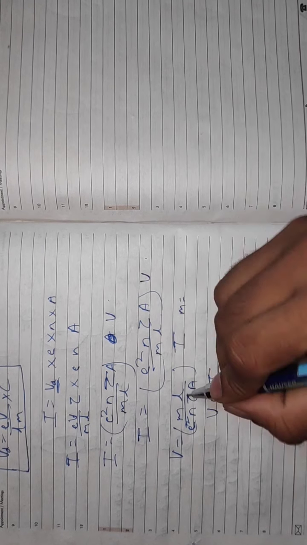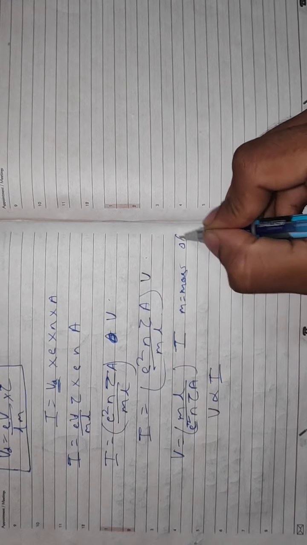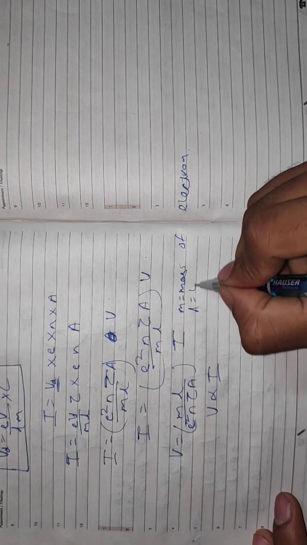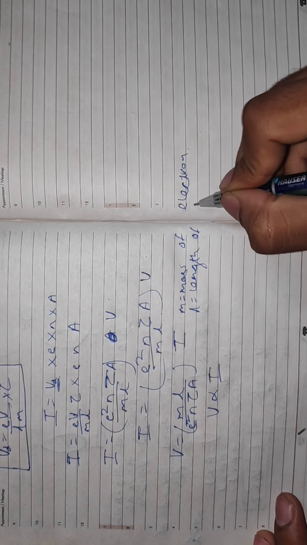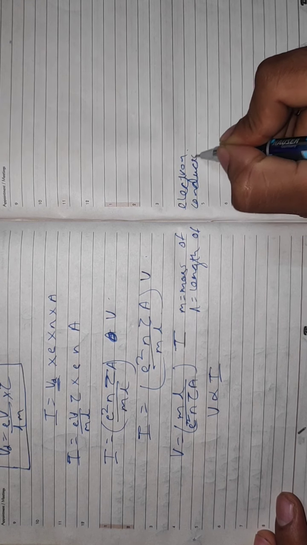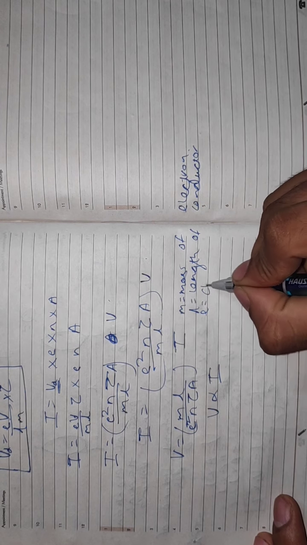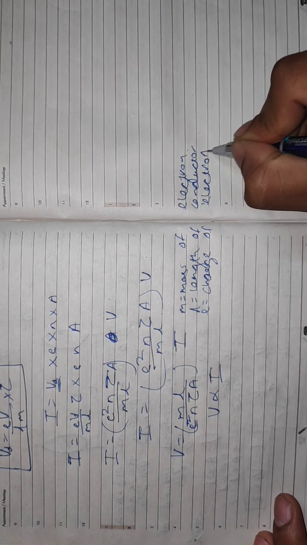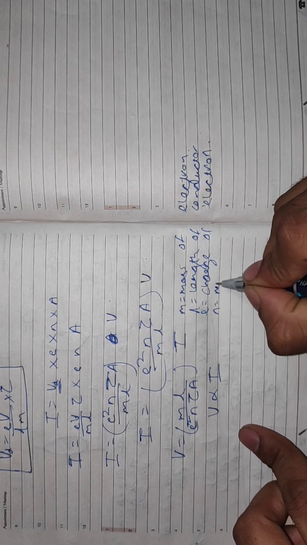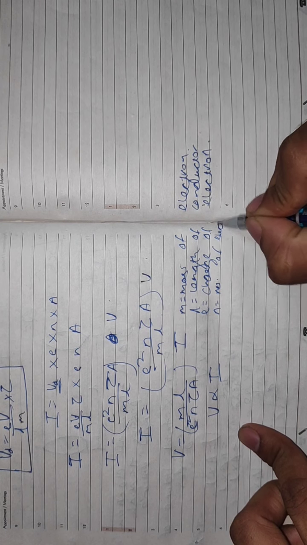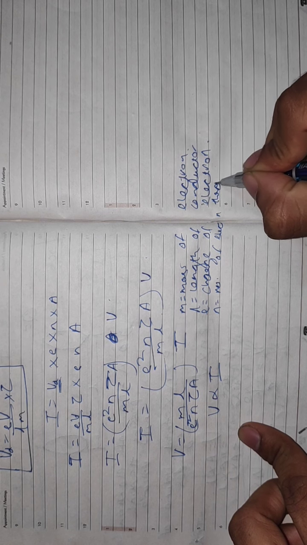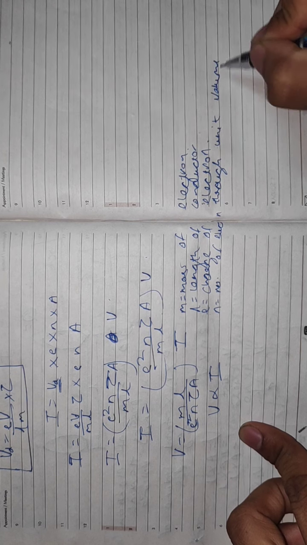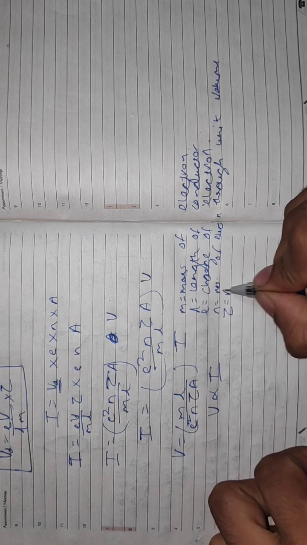If I want, I will write over here: m is equal to mass of electron, L is equal to length of conductor, e is charge of electron, N is number of electrons through unit volume, tau is relaxation time.